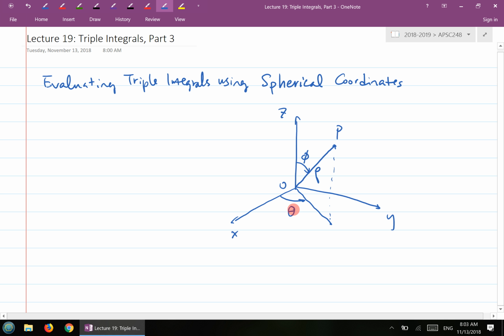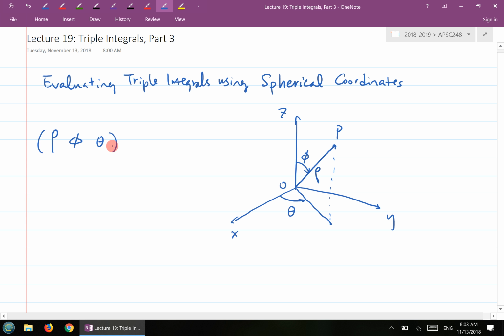We call that theta. That's basically the polar coordinate theta from cylindrical coordinates. So your rho, phi, theta, these three variables will uniquely describe the location of this point P.